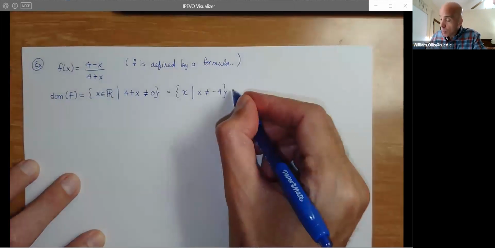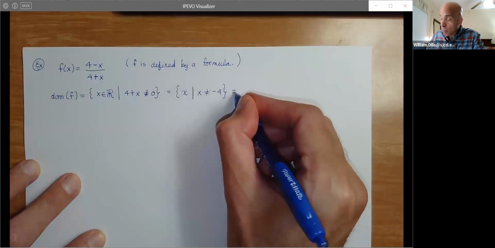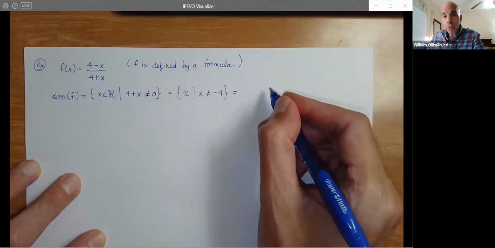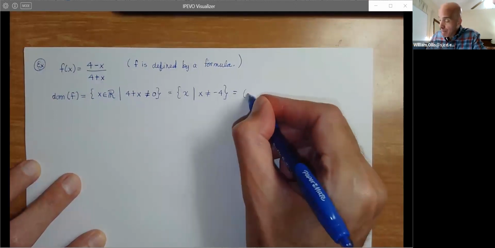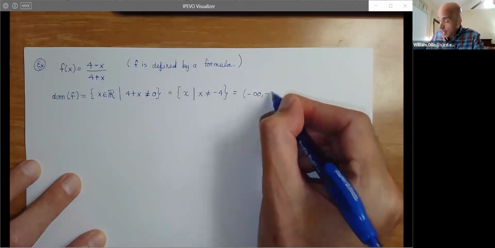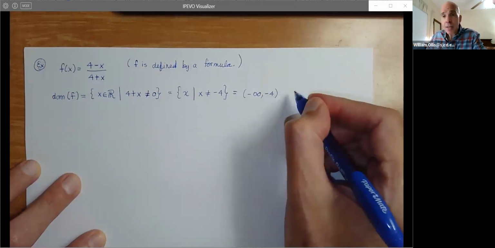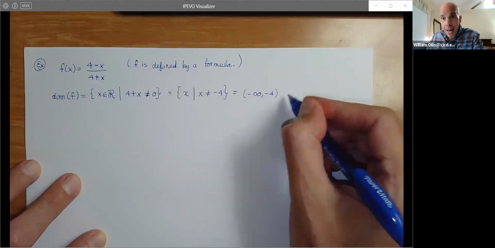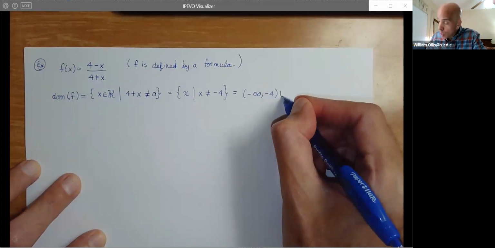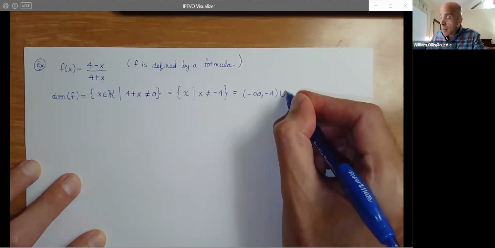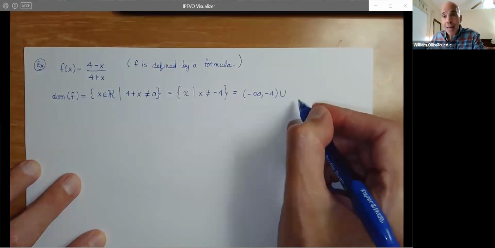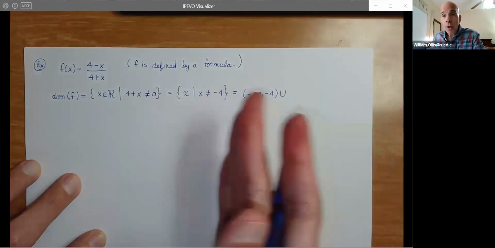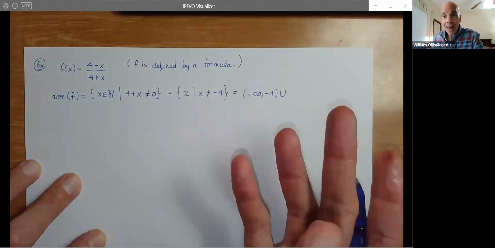And then maybe WebAssign would ask me to write this in interval notation. So I would say -infinity to -4, and then for the connection, don't put an ampersand, use the union symbol. Of course, WebAssign has the little palette where you go and borrow the mathematical notation.